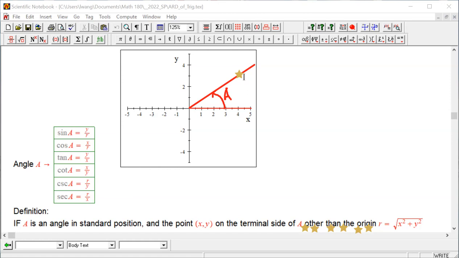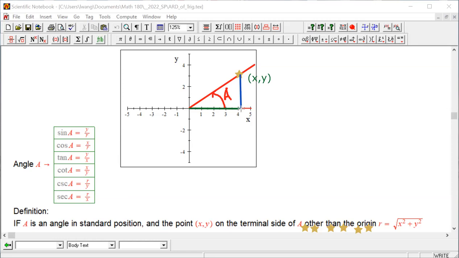So this point has x comma y, right? And the x is going to be the horizontal measurement, and the y is going to be the vertical measurement. I'm just making a distinction of the color.